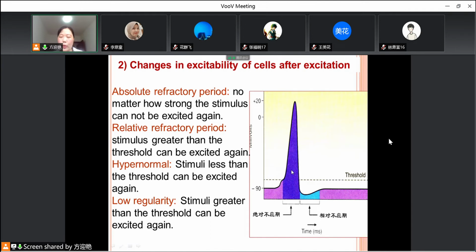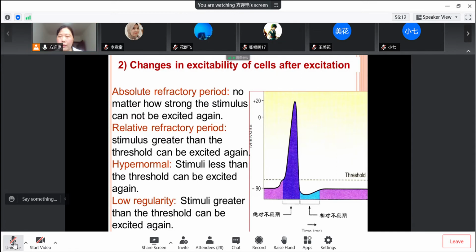We call this the absolute refractory period. So according to the second stimulation, is the cell's excitability higher or lower? Higher.